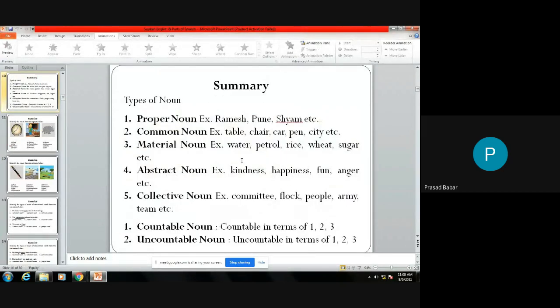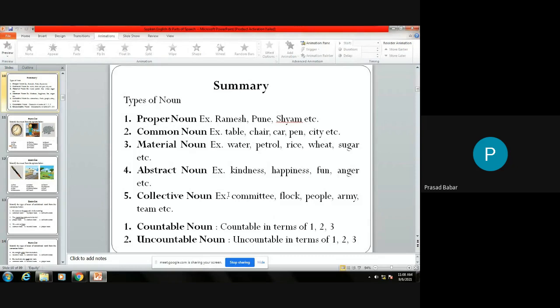In the material noun there are also 2 types, that is countable noun and uncountable noun. The most important of them is proper noun, that is the proper name of any person, thing, or place.